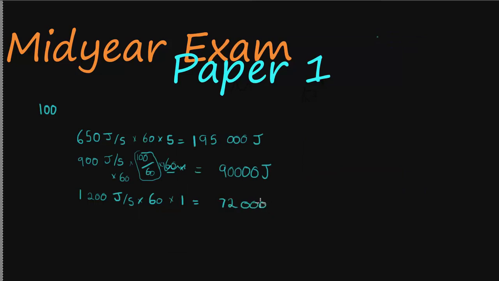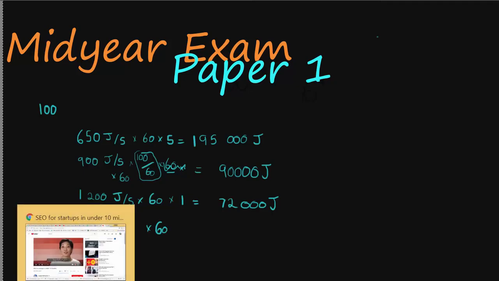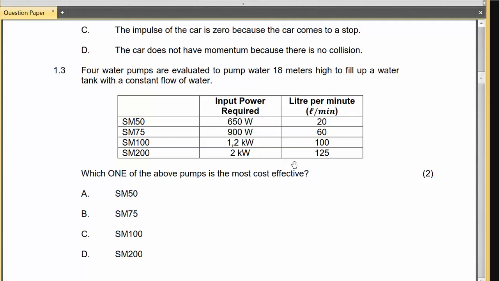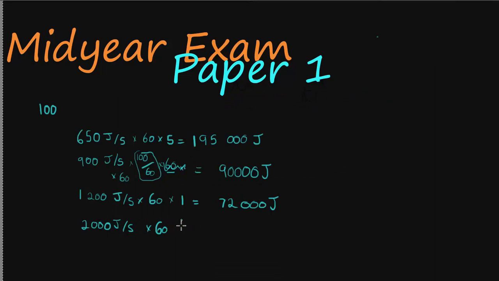I'll use 72,000 joules. The final one is 2 kilowatts, so it's 2,000 joules per second, times 60 to convert it to a minute. And this one can pump 125 liters per minute.